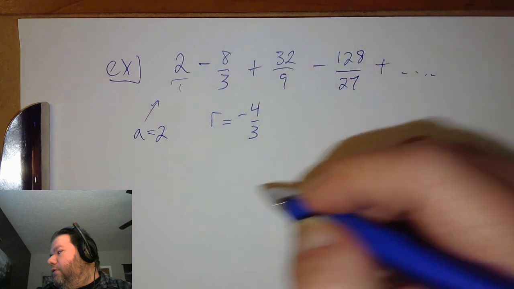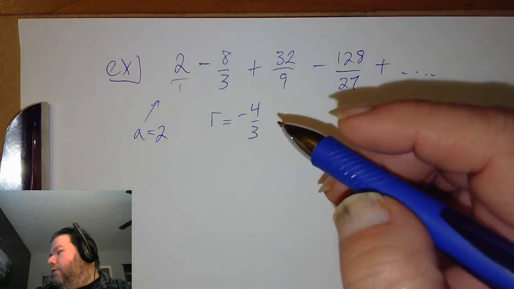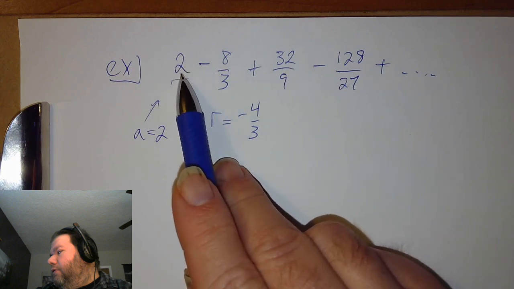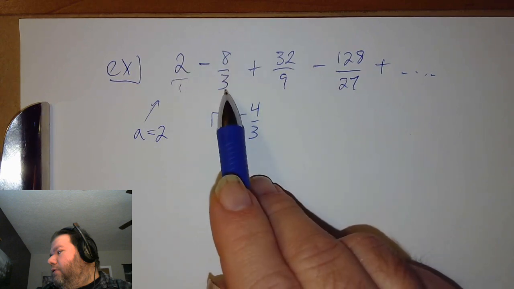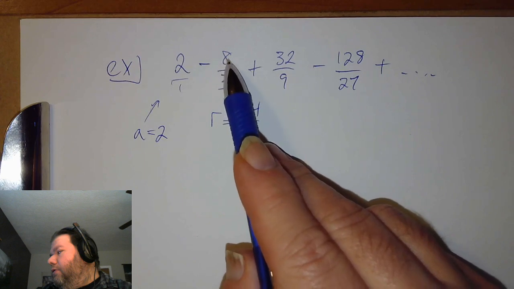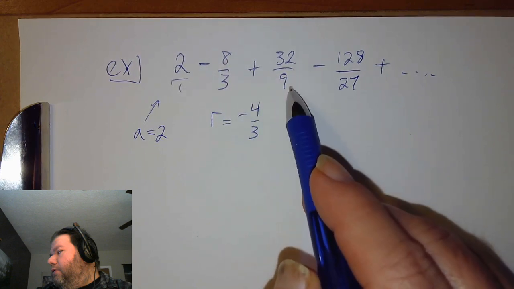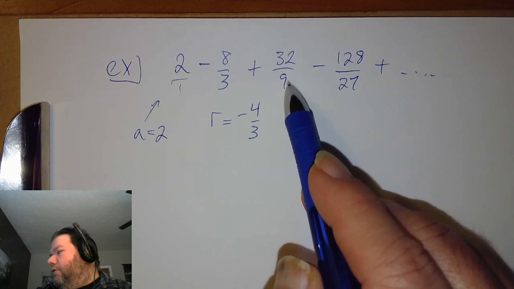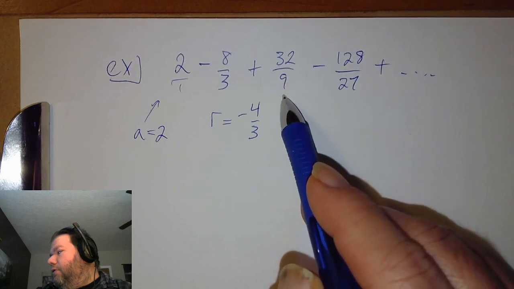Now, the question is, does this converge or diverge? Well, this starts out as 2. 8 over 3 is a number that's bigger than 2. That's like 2 2/3. 32 over 9 would be 3 5/9.